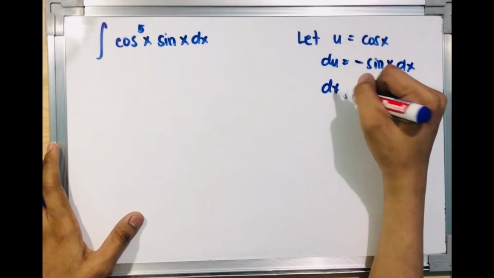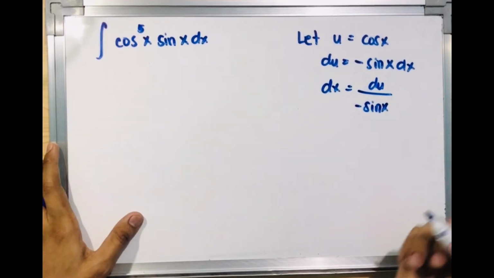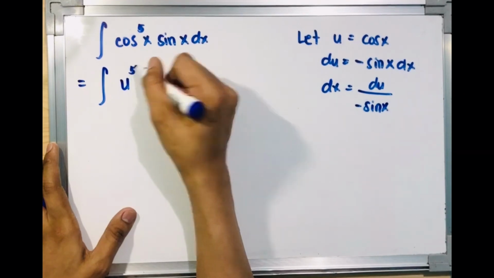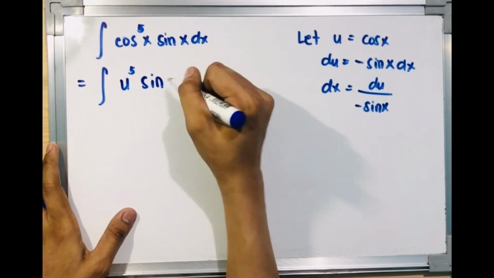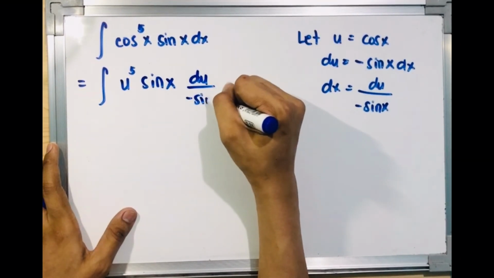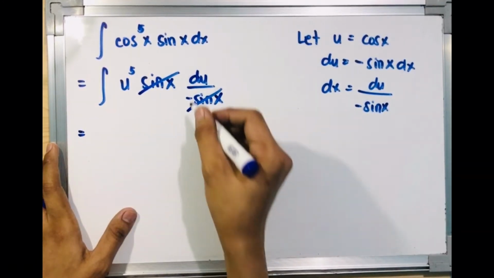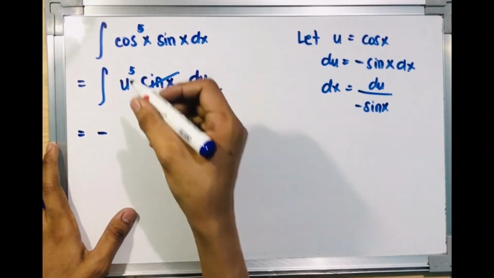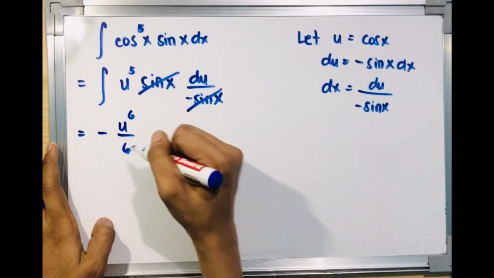And my dx is equal to du over negative sine of x. Okay? So, substitute natin agad. We have u to the 5th power, and then I still write my sine of x, and my dx is du over negative sine of x. And then cancel out na lang yung sine of x, and don't forget my negative na lalabas. So, negative, and then integral of u raised to 5 is just u raised to 6 over 6 plus c.